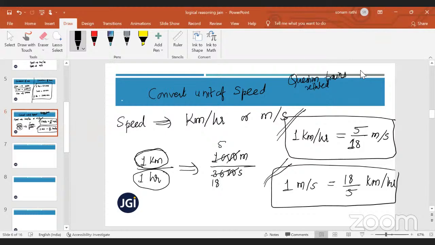So note this down. 1 kilometer per hour is equal to 5 by 18 meter per second and 1 meter per second is equal to 18 by 5 kilometer per hour. Done.